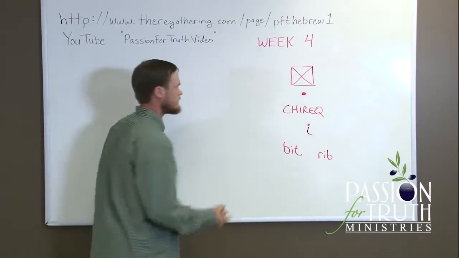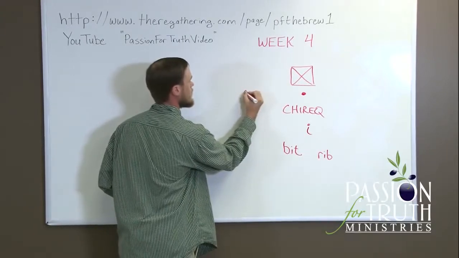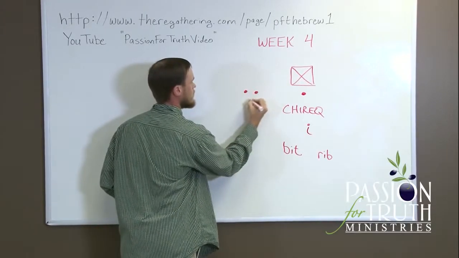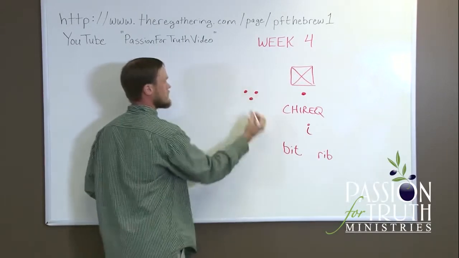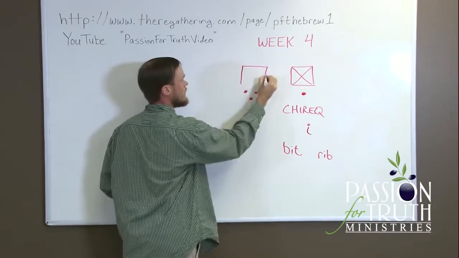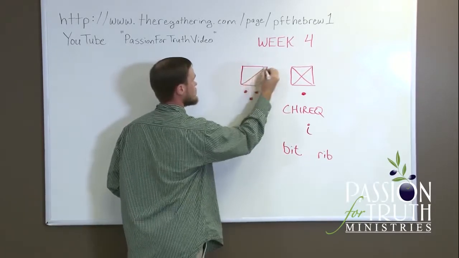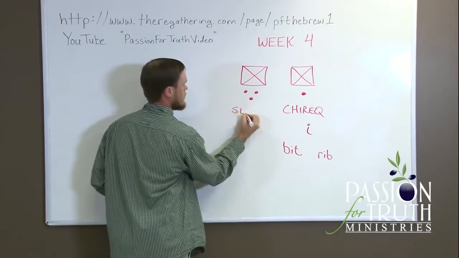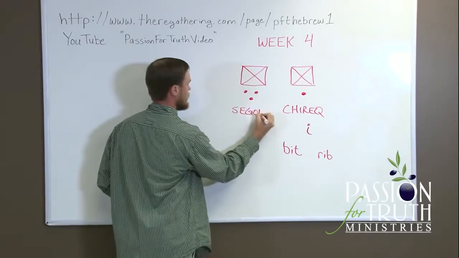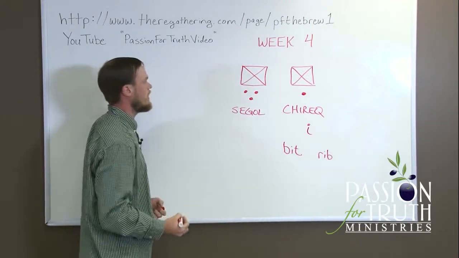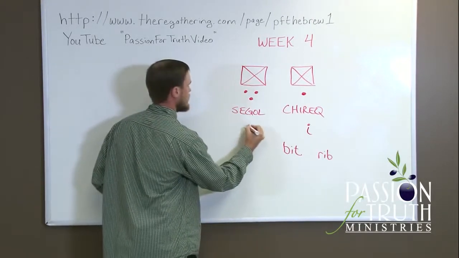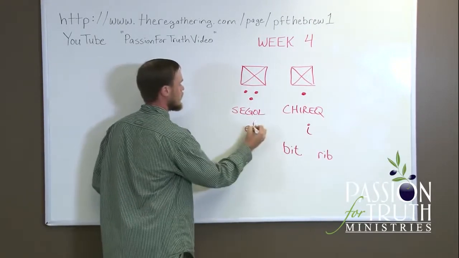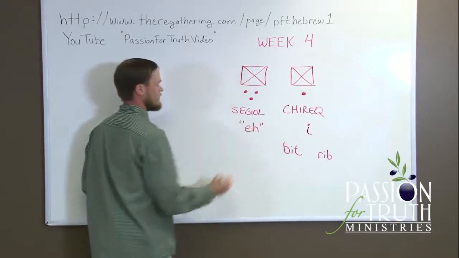Our other vowel for today is 3 dots in this upside-down pyramid. These are also written below the letter. This vowel is called a segol, and it makes the sound of short E or eh.